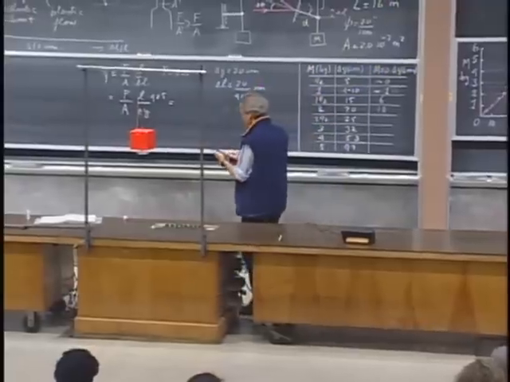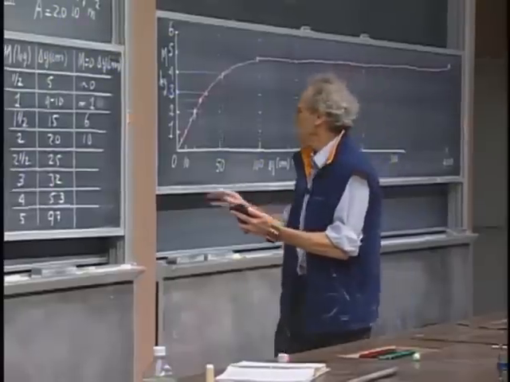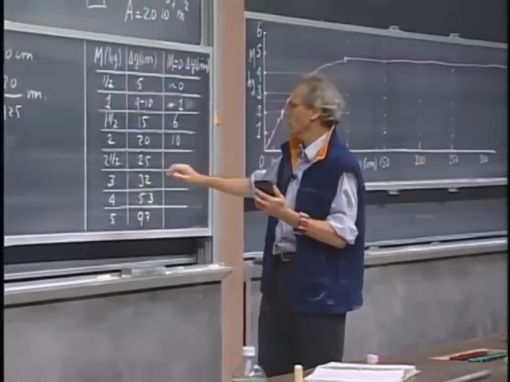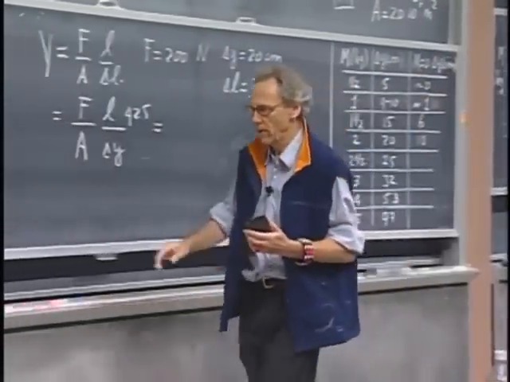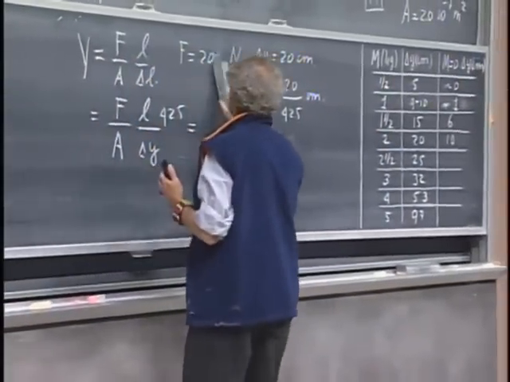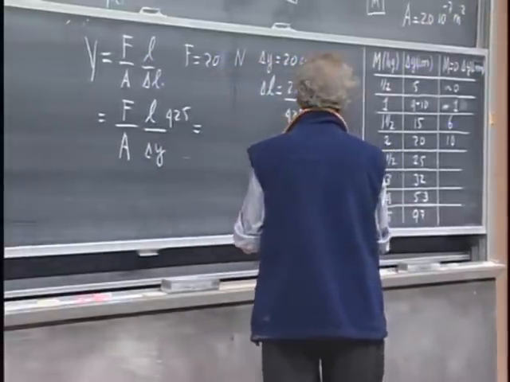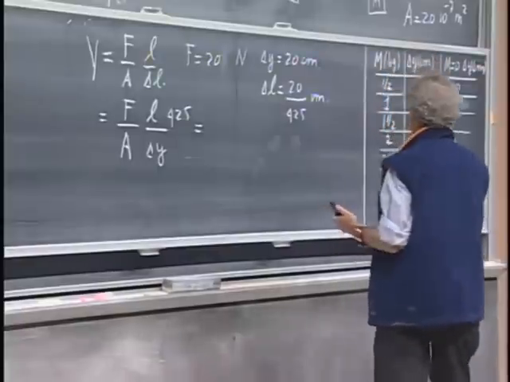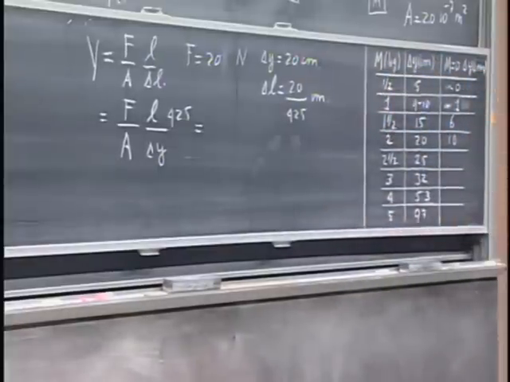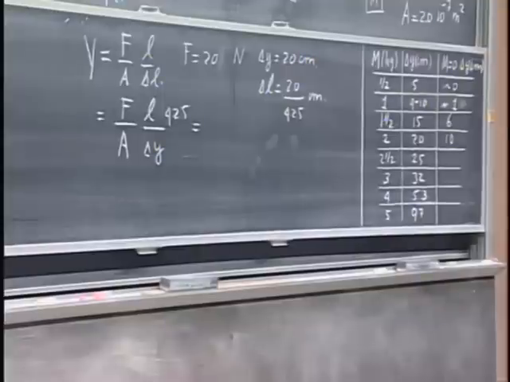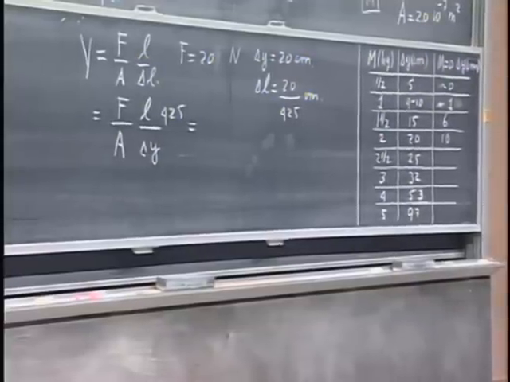So F is 200. That's right. No, F is 20. Ooh, I'm glad that we caught that simultaneously. So F is 20 newtons. That's right. The area is 2 times 10 to the minus 7, and I divide by the area.